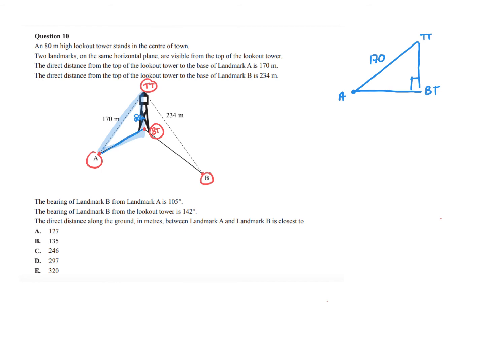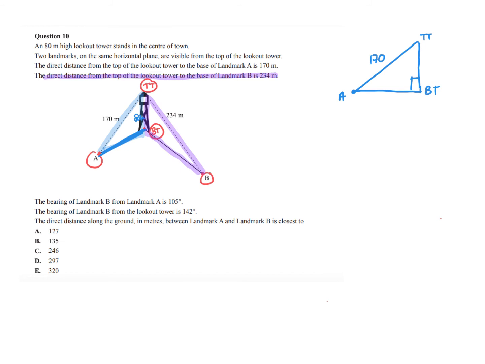Horizontal plane means that you're along the ground, and then the tower goes straight up. You can see that in there. Then when they say the direct distance from the lookout tower to point B, you've got another right angle triangle.